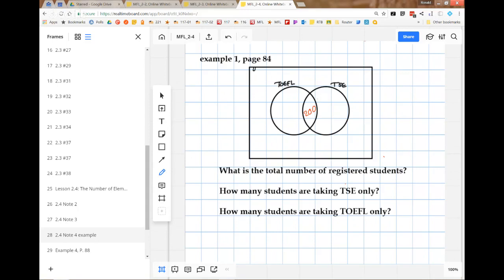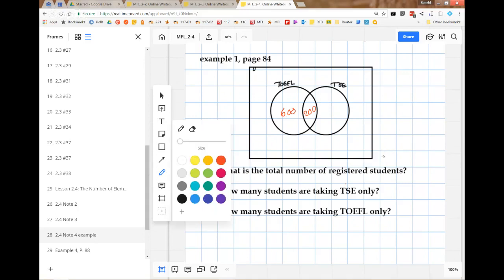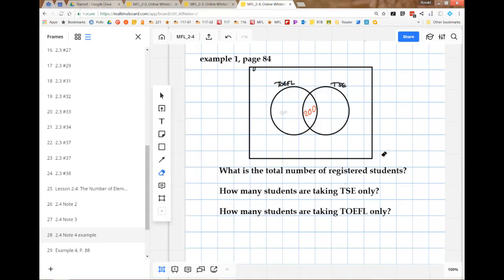Now that affects us, because when we put in that TOEFL has 800, can you see that I have to write it this way? Not really. I don't see why you have to write it that way. Okay, let me show you what I meant.